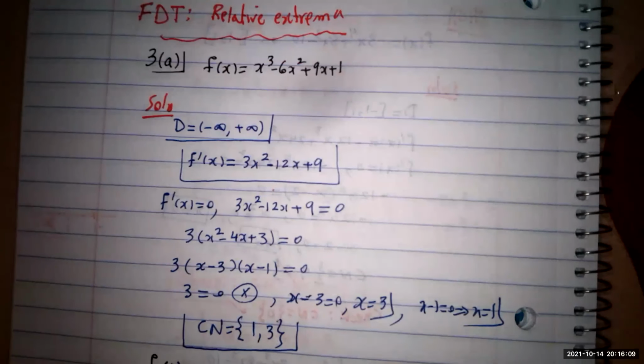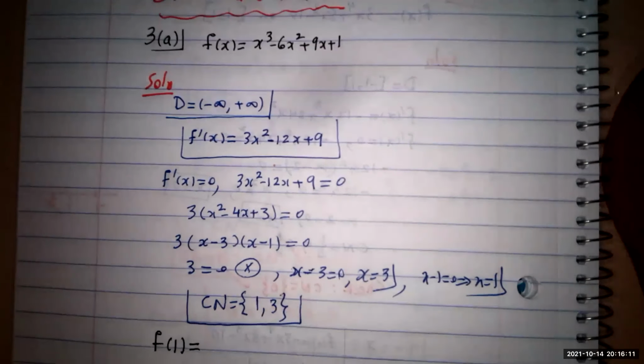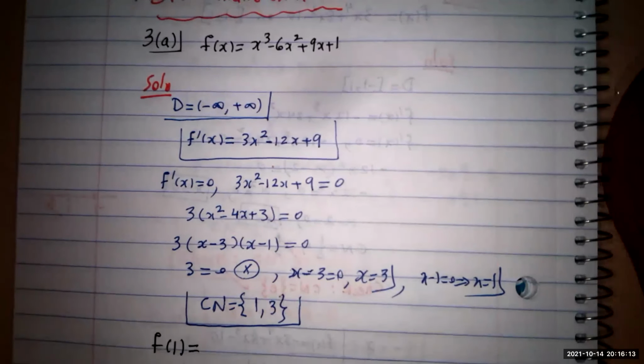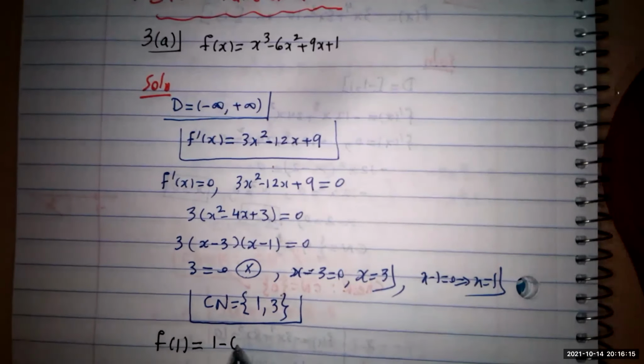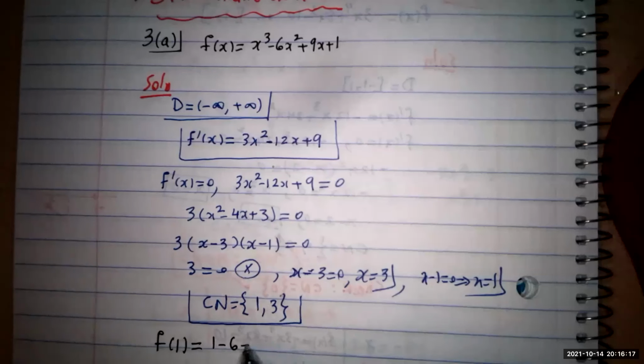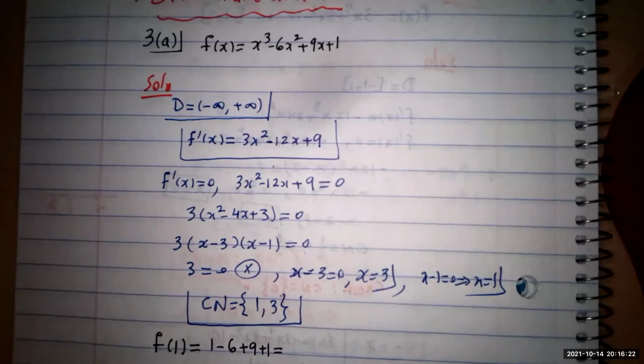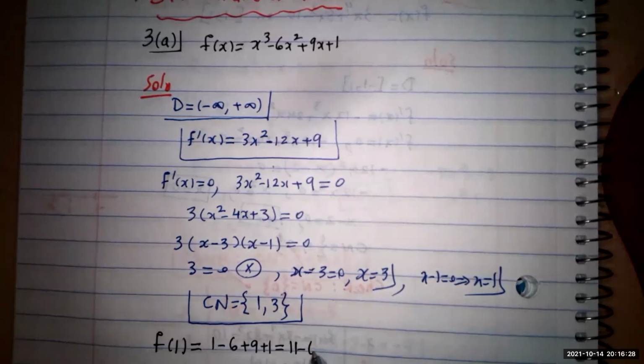That gives 1 minus 6 plus 9 plus 1, which is equal to, we simplify it, the positive 1 to 10, 11, 11 minus 6, which is equal to 5.